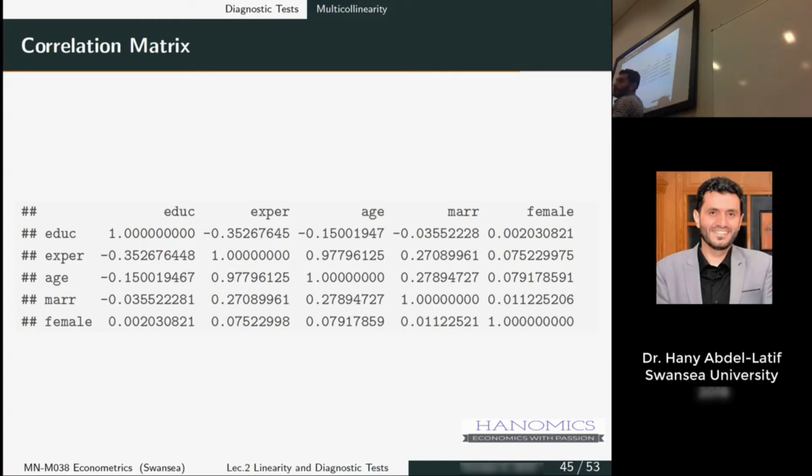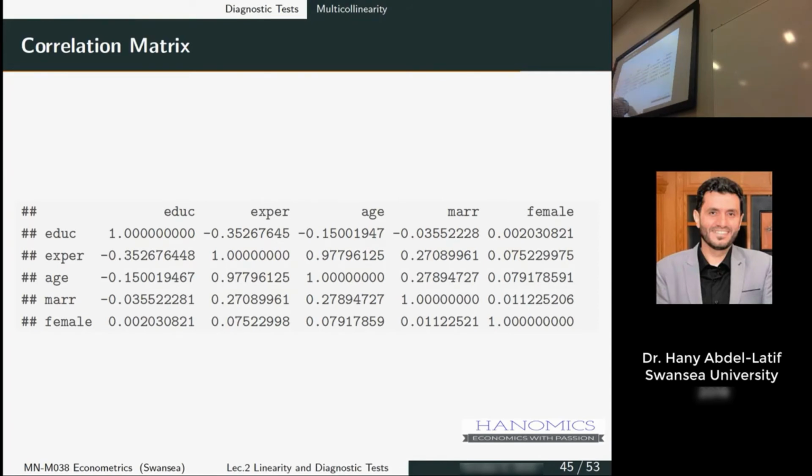How much is the correlation between both? It's nearly 98%. See, it's from 0 to 1, so it's very highly correlated. And this is something you would expect, experience and age. You get more experience when you get older. So these two variables are really highly correlated.